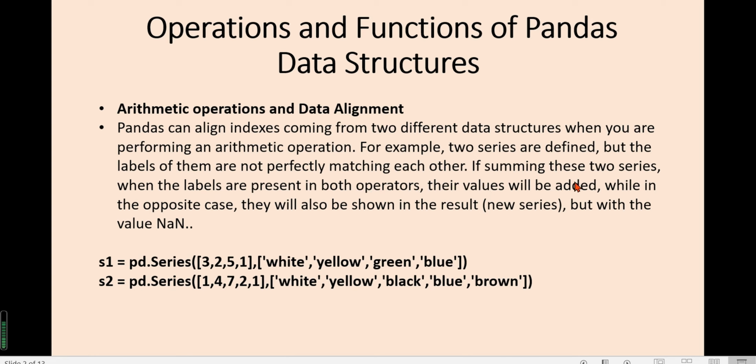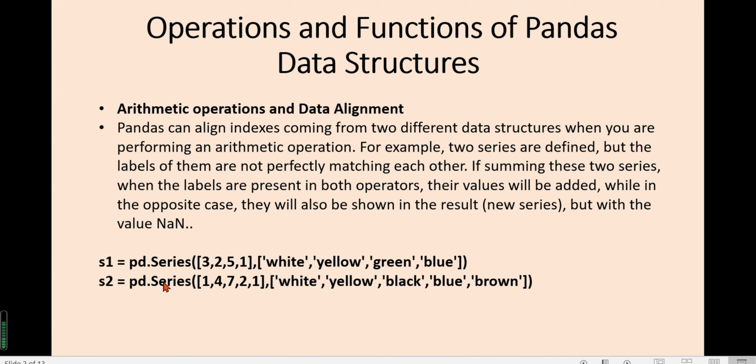If we sum these two series, when the labels are present in both operands, the values will be added, while in the opposite case, the labels will also be shown in the result, but with the value NaN, not a number. So these two series' labels are not perfectly matched.